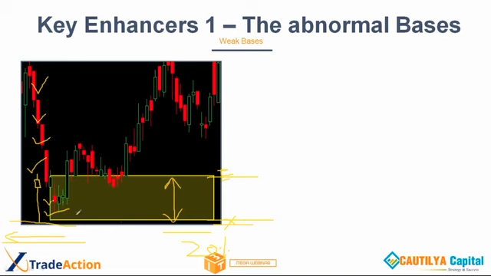Now, in spite of this kind of base formation, price went up. It went up, kissed once, kissed 2 times, 3 times, and it went up. Luckily this worked. In spite of a bad base, this scenario worked, but it doesn't work every time. It's an accidental success.